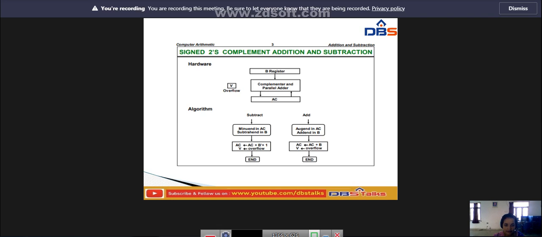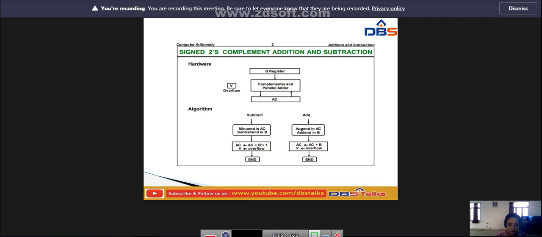We have seen here AC and B. A is the minuend and subtrahend in subtraction; in addition, it is the augend and addend.